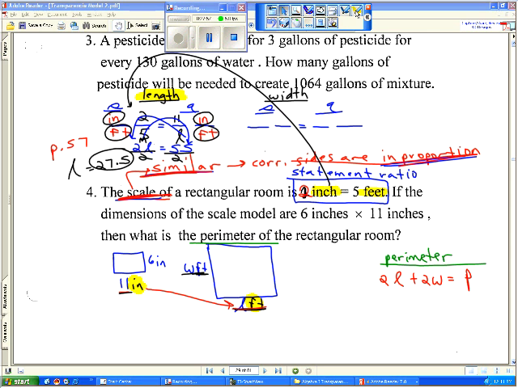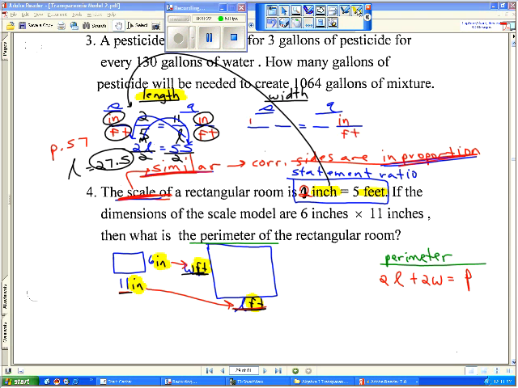Now with the width. What's the question? Width. 6 inches is how many feet, right? The question is 6 inches is how many feet, and so my question ratio is inches to feet.